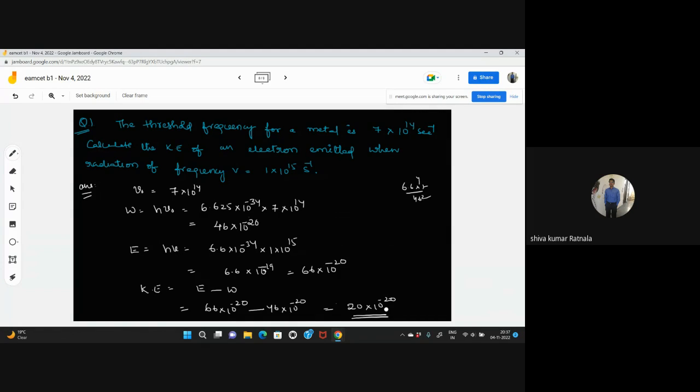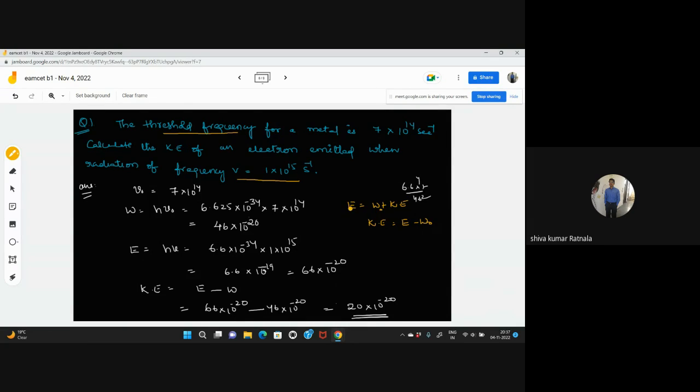Actually see what is given: threshold frequency, that is nu naught, and incident frequency are given, and we are asked for kinetic energy. We know energy incident equals work function plus kinetic energy. From there, kinetic energy equals energy incident minus work function.